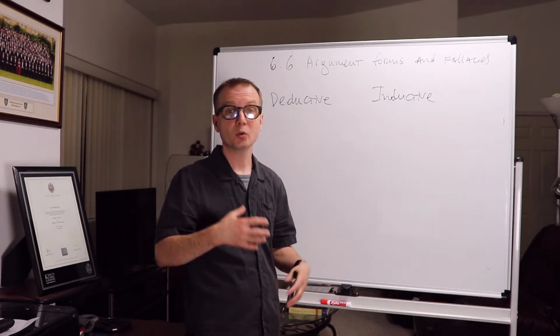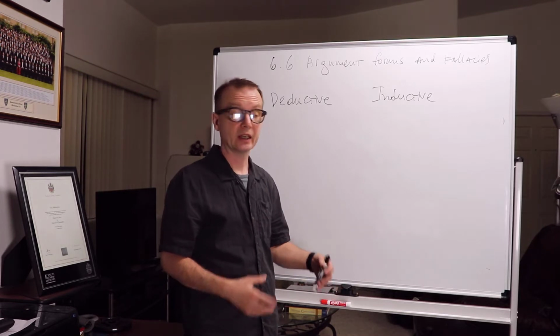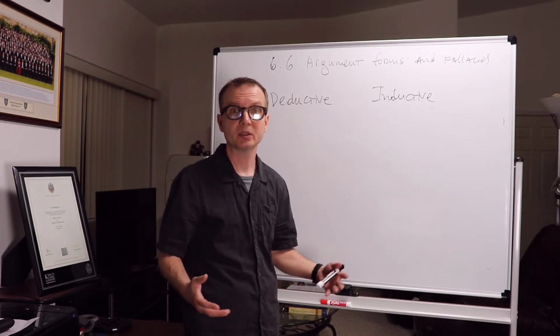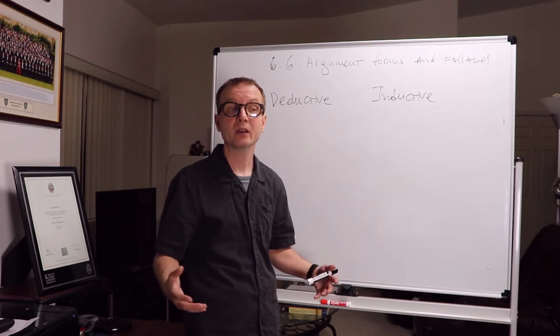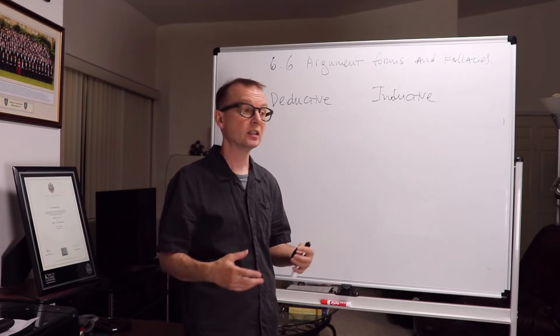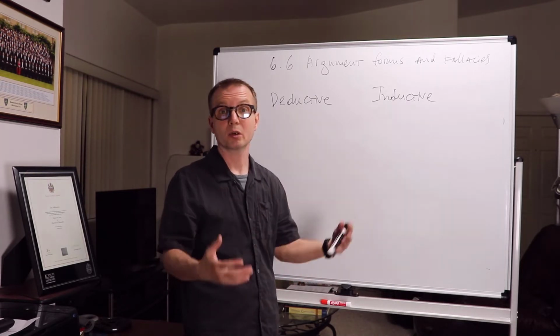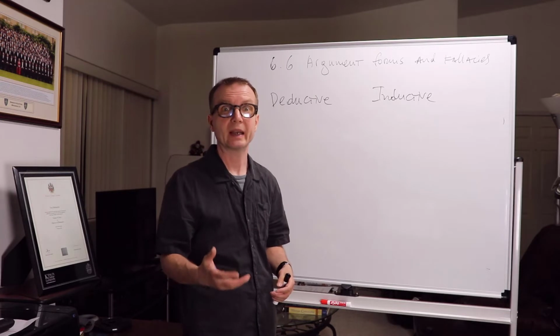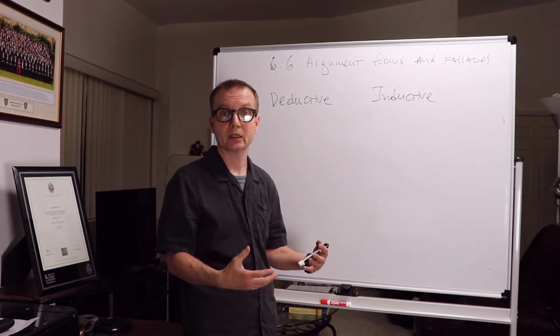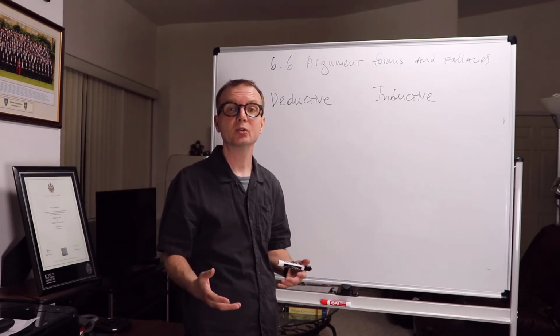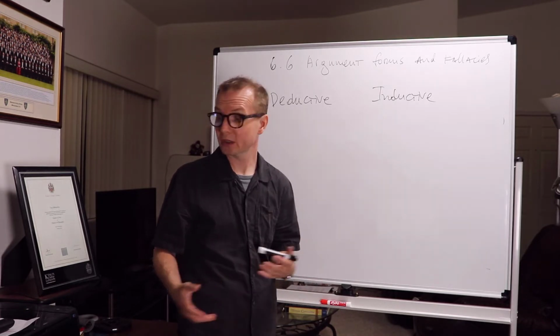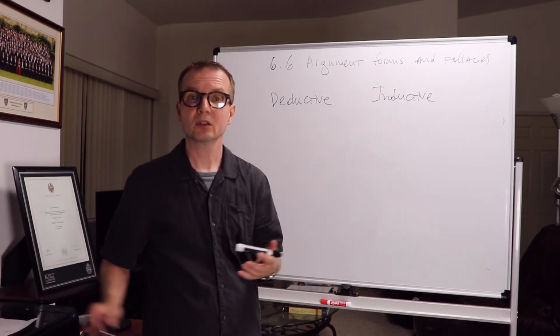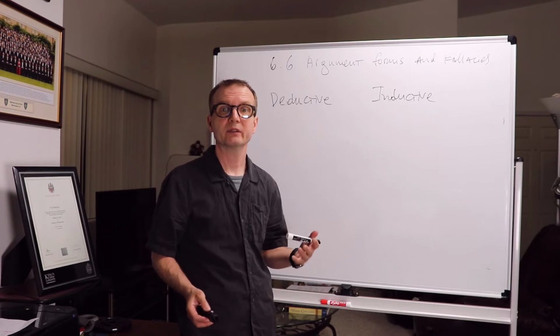So instead of going through truth tables and trying to figure out all the possible values an argument can have, what you can just do is simply look at the form. Extract the form if you don't have it yet, and then look at it. And that will immediately tell you if the argument is valid or invalid. You should know several valid forms and a couple of invalid ones.